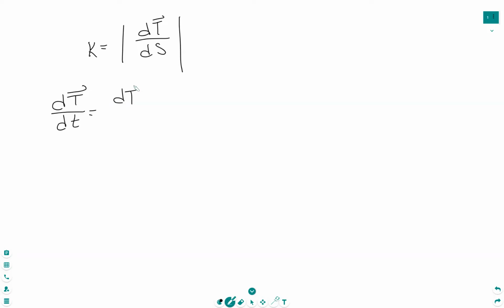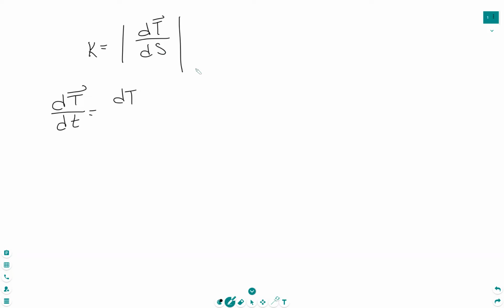Sorry about that. So what we're doing is looking at this curvature from last time. It's the magnitude of our unit tangent vector and how it changes with respect to arc length. And this arc length is an inherent part of the curve.